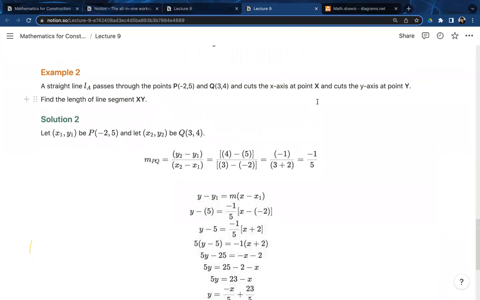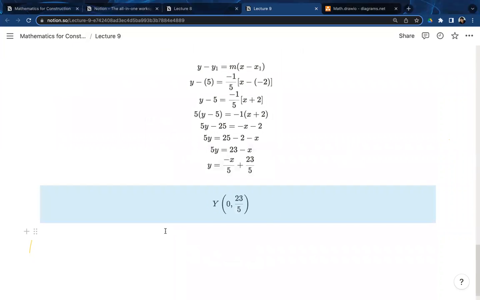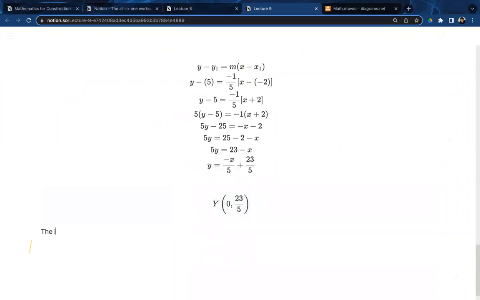On the y-axis, the x value is 0. What about the x-axis? Where does it cut the x-axis? The line cuts the x-axis when y is equal to 0. Okay.